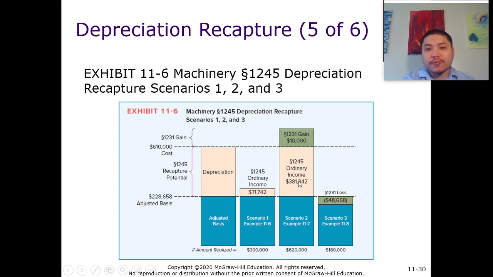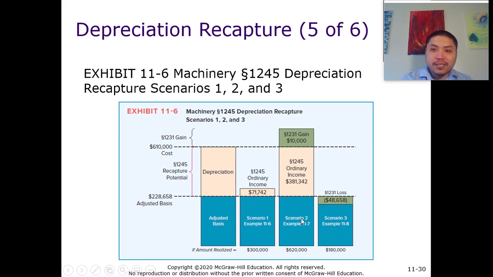And in the second scenario, the gain is greater than the accumulated depreciation amount. So we treat the portion of gain that is generated from depreciation as ordinary income under section 1245, and the remaining gain, which is generated from the appreciation in value of the asset, we treat as section 1231 gain, and we tax this gain at the preferential rate, right?